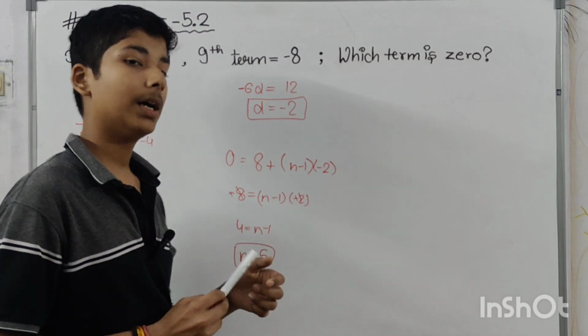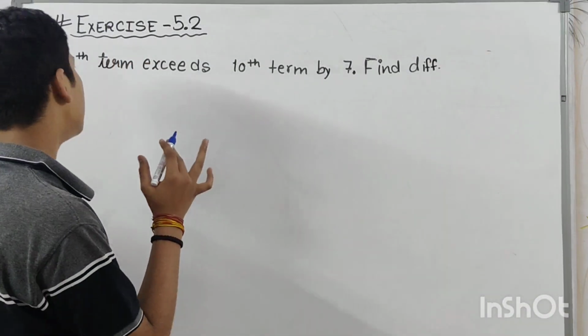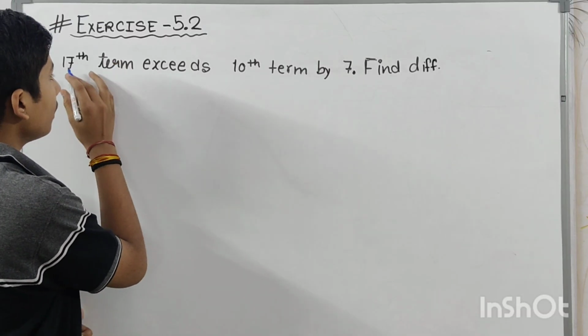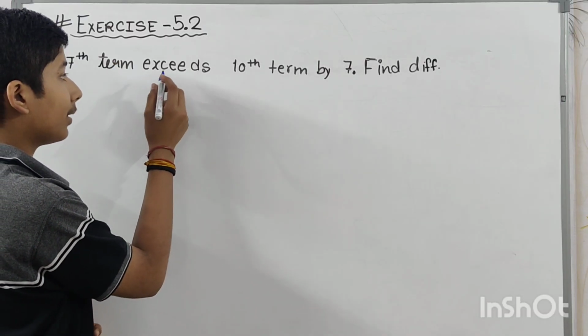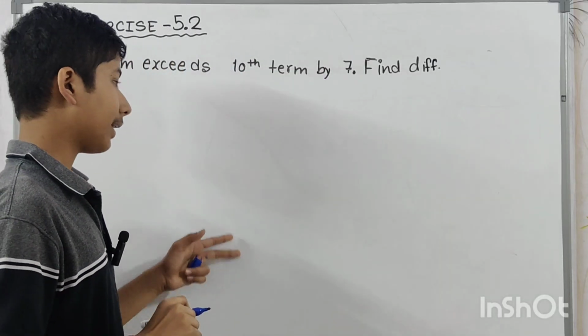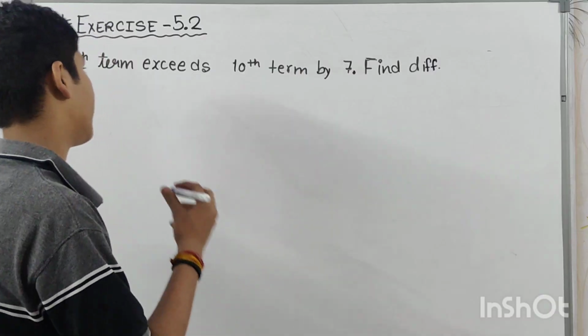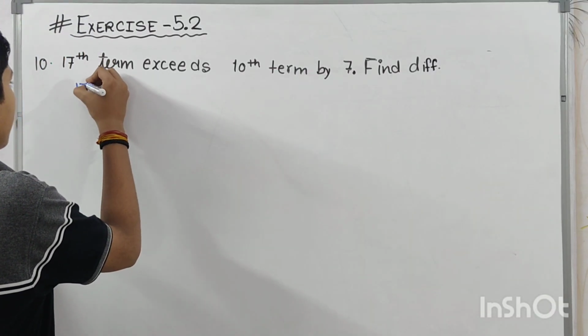Now we will continue with the last question of the video, which is the 10th question. Now in this question, the 17th term exceeds the 10th term by 7. What does it mean? It is saying that the 17th term is 7 more than the 10th term. Let me explain.